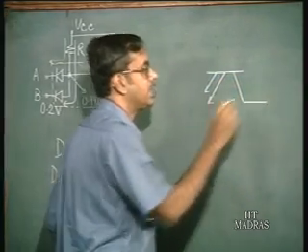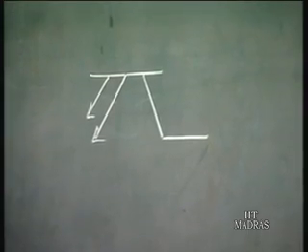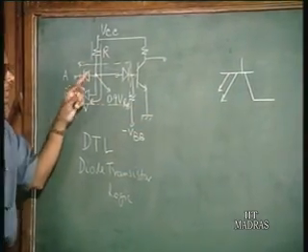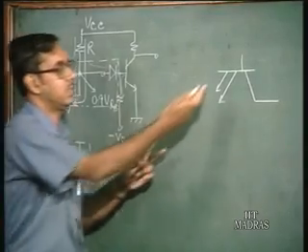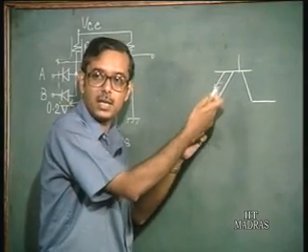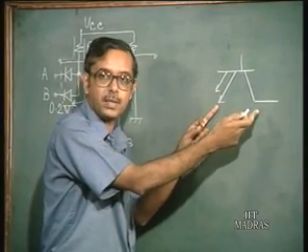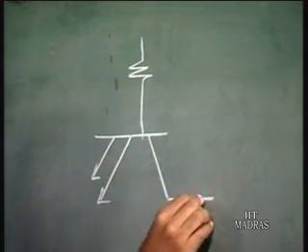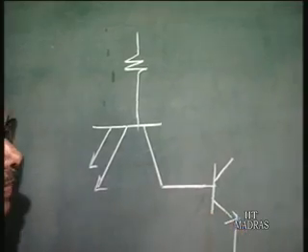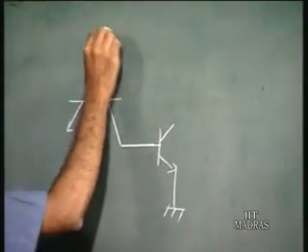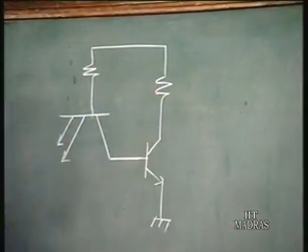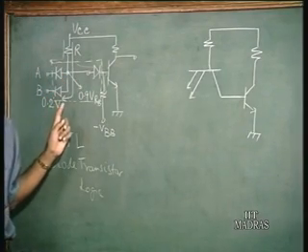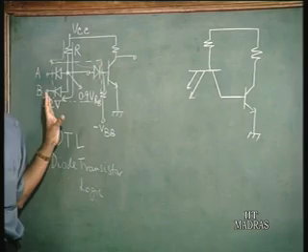This is nothing but, similar to this, you have two p-n junctions this way and one p-n junction this way, but it is a transistor structure basically. This is called a multi-emitter transistor. We have replaced these 3 diodes with a multi-emitter transistor.